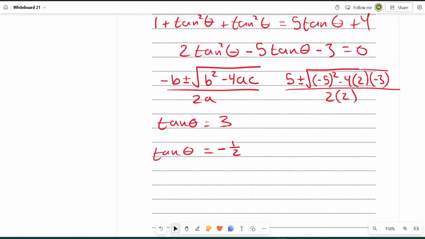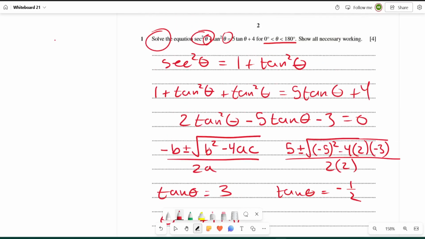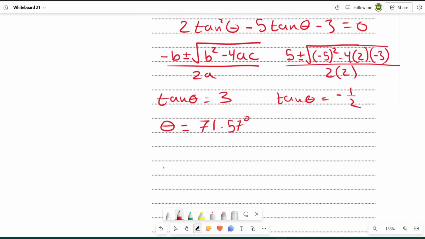So we're going to solve each equation on its own. Tan theta equals 3, and tan theta equals negative half. For tan theta equals 3, doing shift tan 3 is going to give me theta, which equals 71.57 degrees.